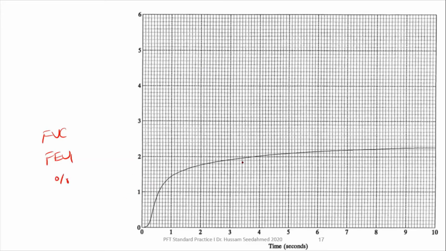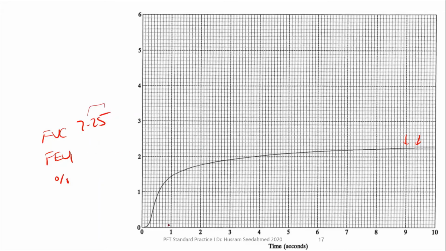In the same way for FVC, we look at where my curve reached the plateau and there is no increase in the volume by more than 50 ml. So this is the max point at this area. So it will equal 2.25, again it should be two decimals, 2.25.